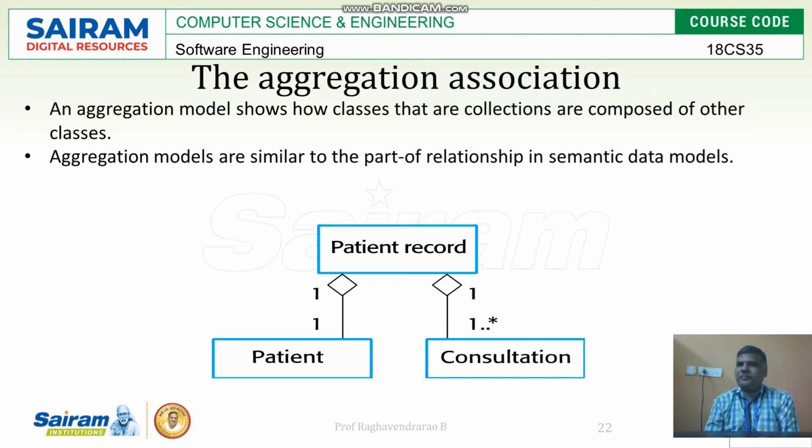Similarly, the consultation for the patient is going to have more than one consultation doctors. Okay, but a consultation doctor is going to concentrate only on one patient. That is the syntax that we are going to have in this. By seeing this particular diagram, you can understand how this is going to be activated. Okay.